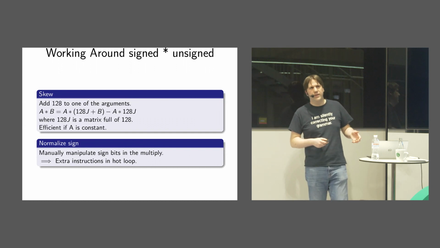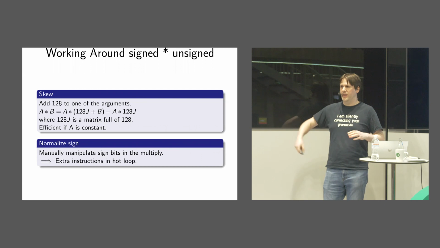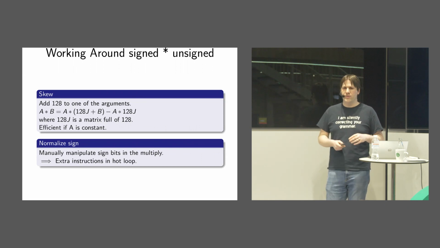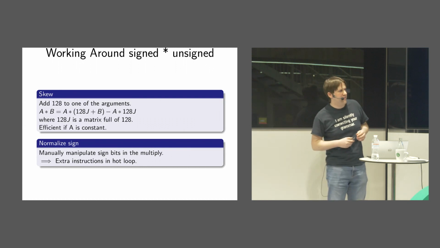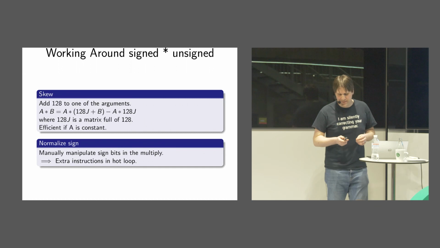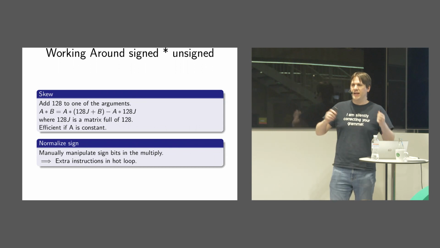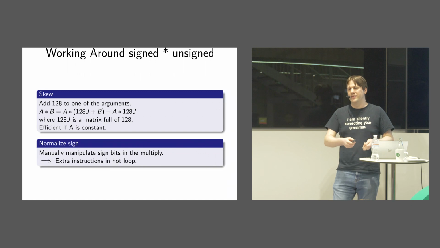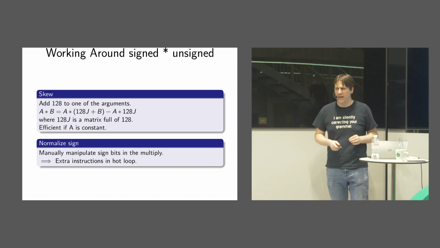There's a subtlety, though, that this accumulates in a 16-bit integer, and having some big number like 128 increases your risk of overflow. Fun fact. So actually, it can be less accurate to run the skew method. The other one is to normalize the sign bit. So you just manually run a few instructions that take the negative or positive sign off of one of your arguments and multiply it into the other one in advance of this 8-bit multiply.